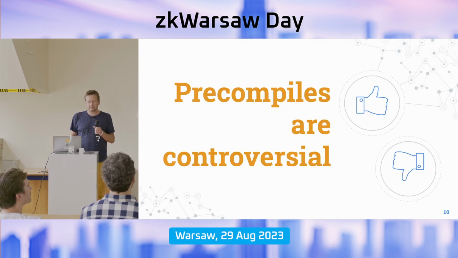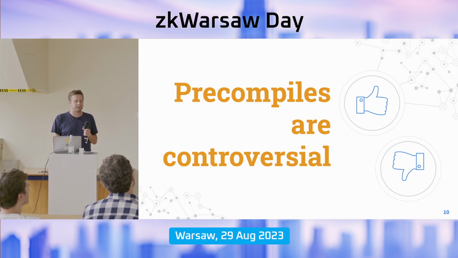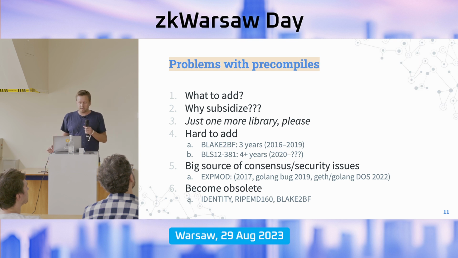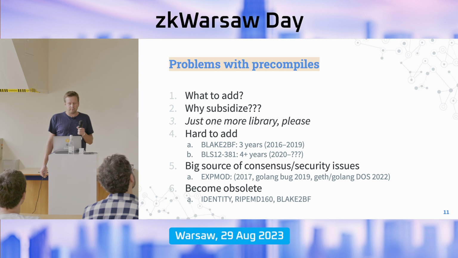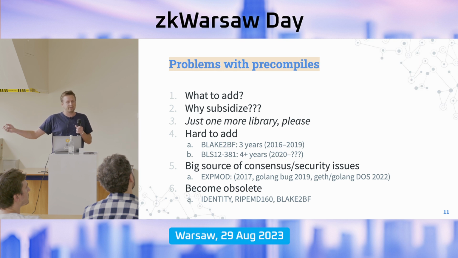But there are a lot of reasons that make the precompiles controversial, which I will try to explain on the next slide. At first, we always have a discussion inside Ethereum about what should be added. There are groups of interest pushing some changes because they will be useful for their projects, for example. Moreover, very often there is a temptation that maybe we should add one more precompile, which is much easier to implement in some external language than in EVM, if we need some additional functionality.